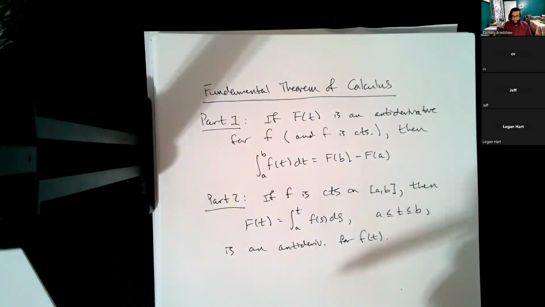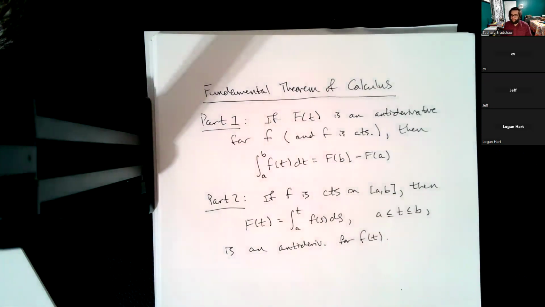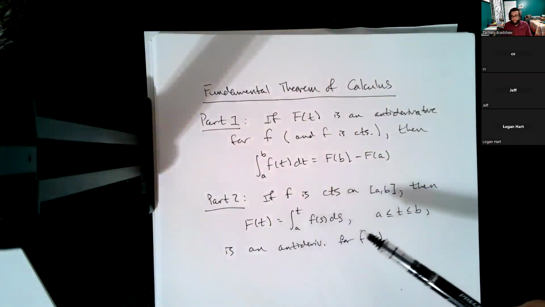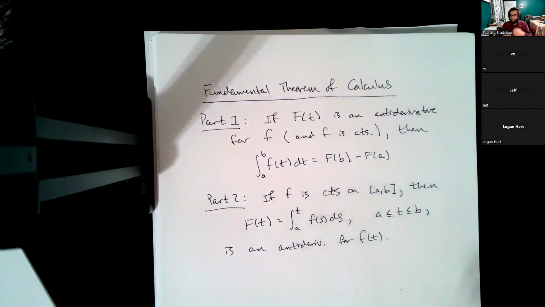So what does that mean? It means if we take the derivative of capital F, what we'll get is f of t. And this antiderivative is defined up to an arbitrary constant. So basic calculus, right?